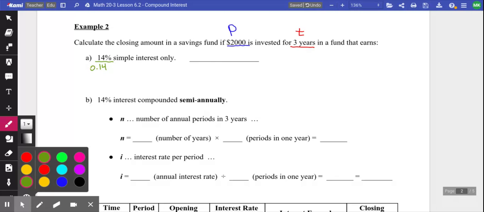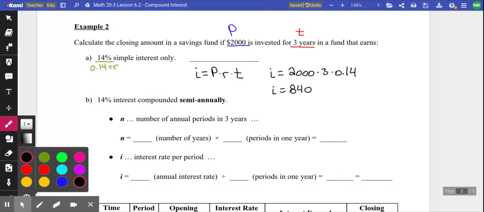We divide it by 100, and that's my R. We know that interest equals P times R times T. If you put those in your calculator, the amount of interest is 2,000 times 3 times 0.14. That means the amount of interest in this account is $840.